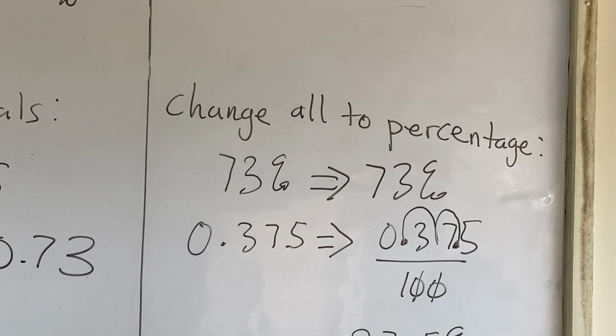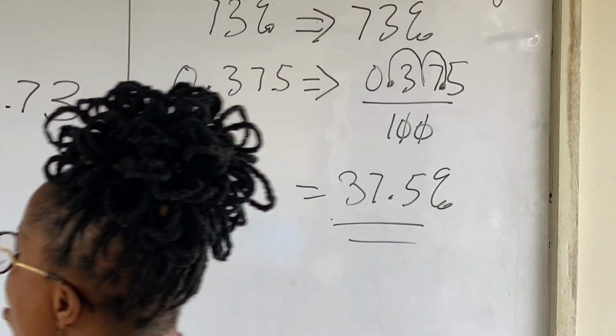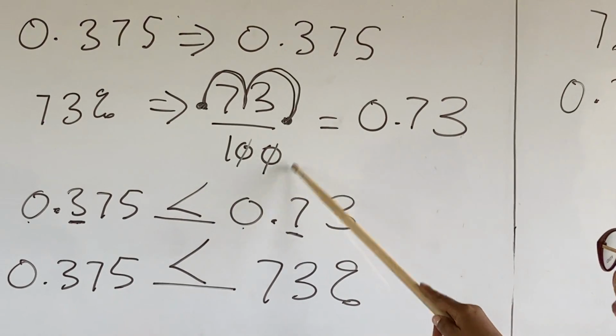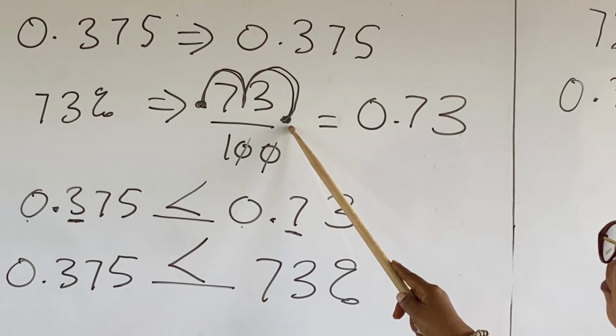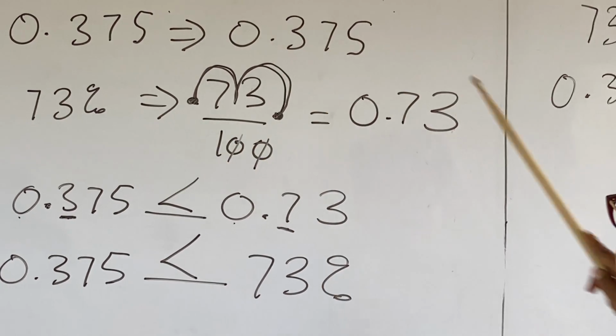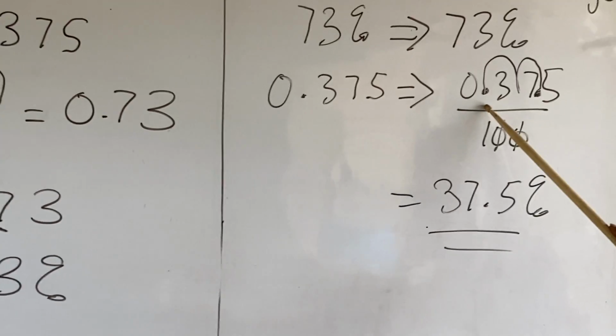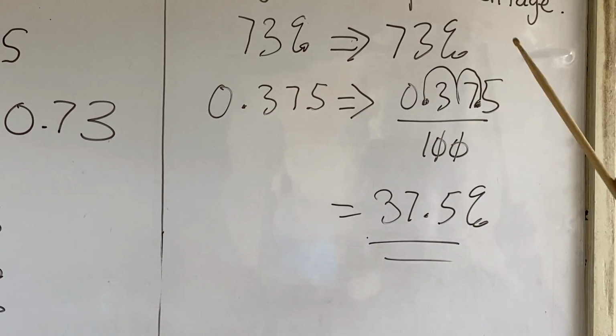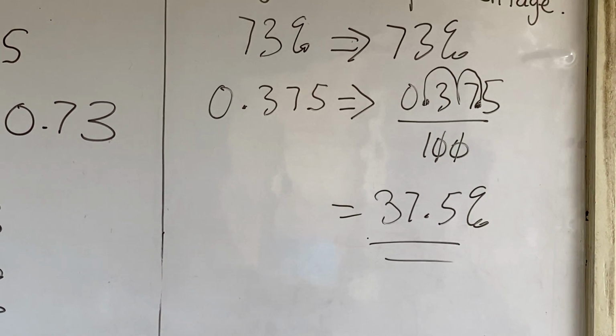You have to note, when you are changing a whole number over 100, you move from right to left. But when you are changing a decimal to a percentage, the dot will move from left to right. You have to note that.